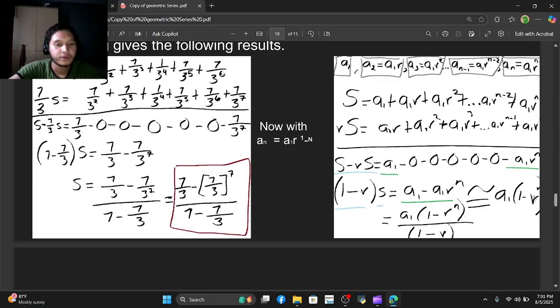I have one third and one third to the sixth. This will be one third to the seventh. One third to the second, and so on. So right here we have the summations but backwards, in this way, one third to the sixth added to the one third.